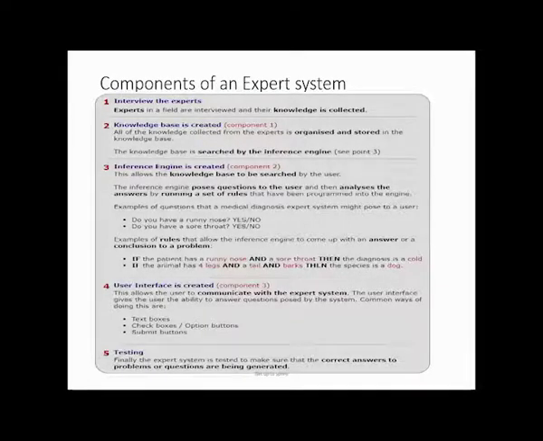An interface is between you and the system. Problem you have: headache, head pain, or cold. Okay, I press, for example, I cannot taste. Good. You see now, I selected one problem. I cannot taste, from the questions the expert system gives to me.